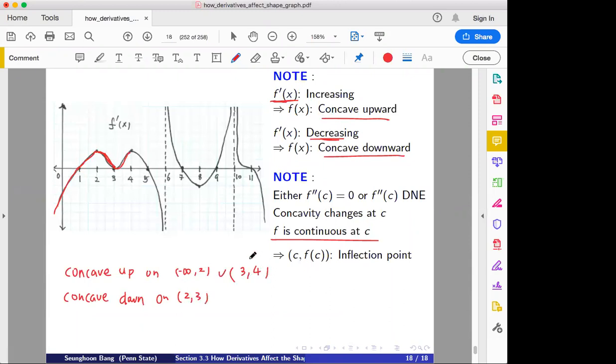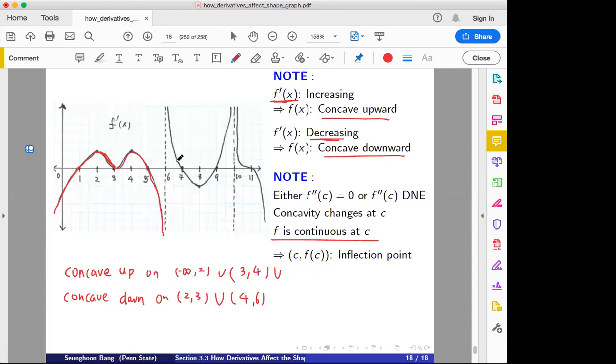Then 4 to 6, the graph is decreasing, concave down. Oh, not here. Concave down, 4 to 6.